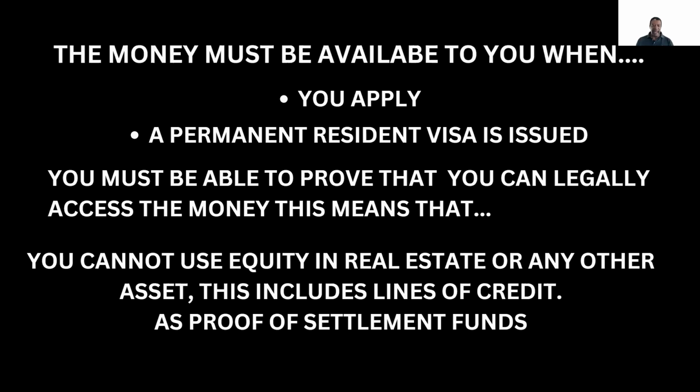No, you need to have the money available in an account somewhere, liquid. Another thing, you can't use lines of credit. Again, that's technically borrowing money, so you can't do that as proof of settlement funds. Everything you provide has to be funds that are readily available to you.